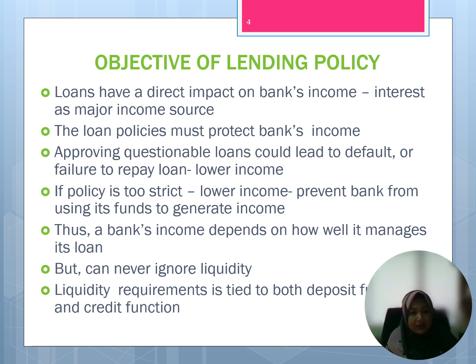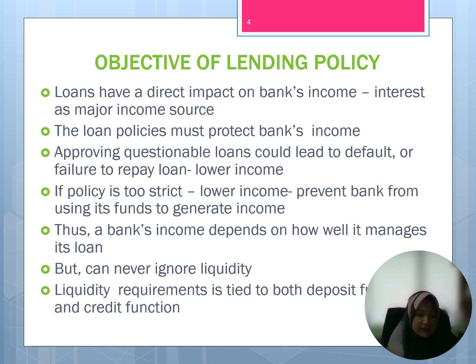Okay, so that's why when they have a clear guideline for lending policy, the bank can trade off between risk and return, or balance between liquidity and profitability. In managing the bank's operation, the bank always checks its liquidity level so that they have money to lend to borrowers and increase income.